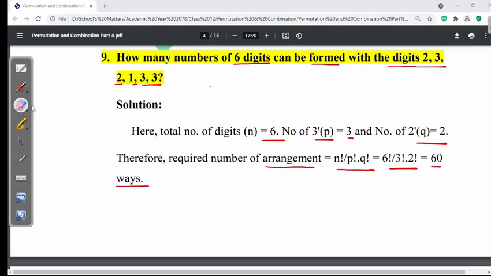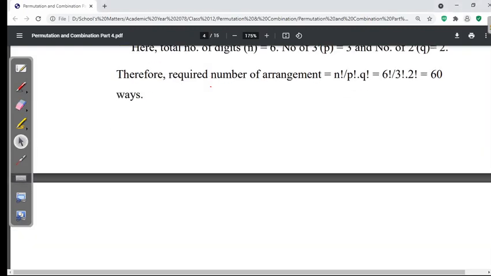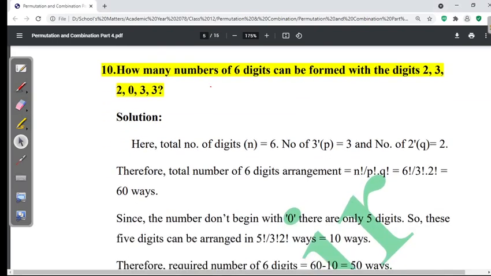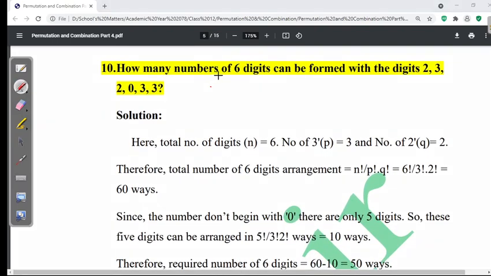But the same question, if the question is changed slightly, then I can show you. For example, how many numbers of 6 digits can be formed with the digits 232033? Here now there is 0, and we cannot place 0 at the first place.